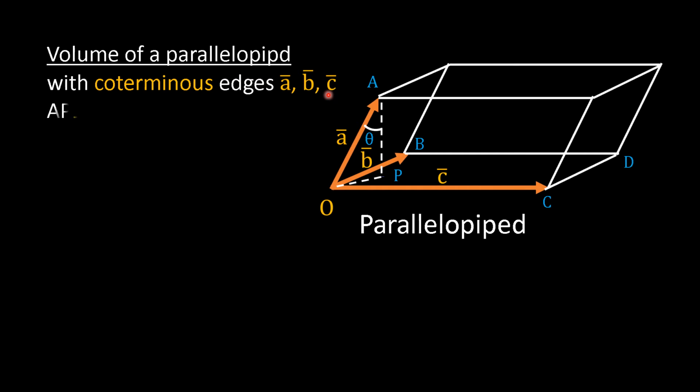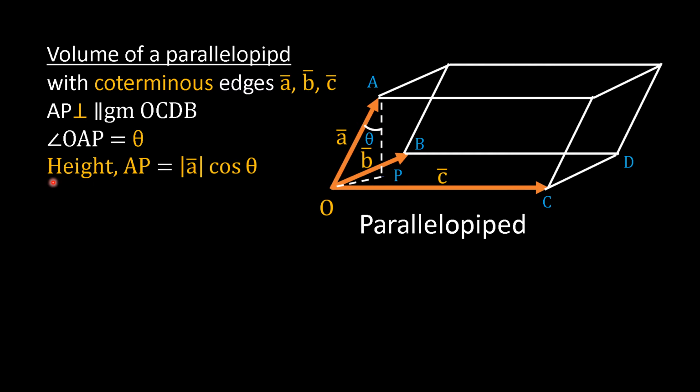First we will draw AP perpendicular to parallelogram OCDB. Let angle OAP equals theta degrees. This angle. Height of the parallelepiped AP will be mod a bar cos theta.